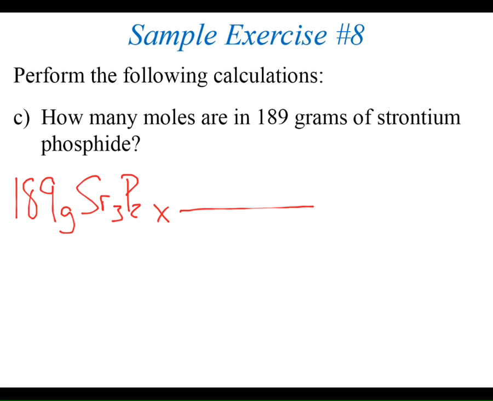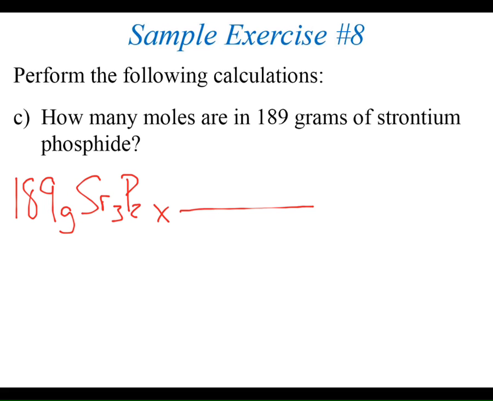Let's put grams on the bottom this time. So what is the mass of 3 strontiums and 2 phosphorus? Anybody get it? 324.8.